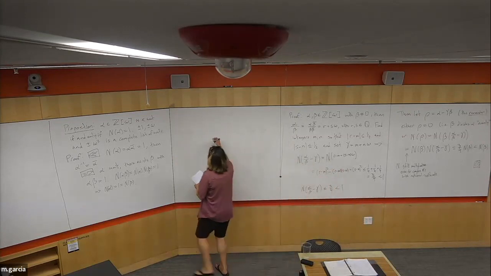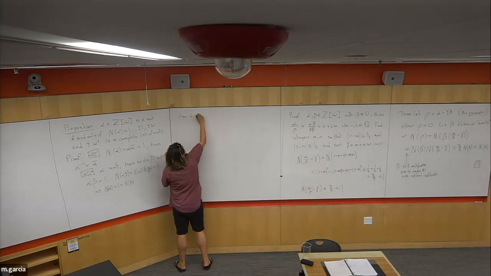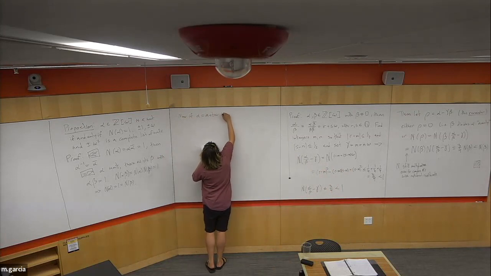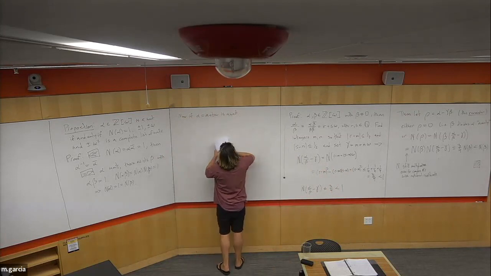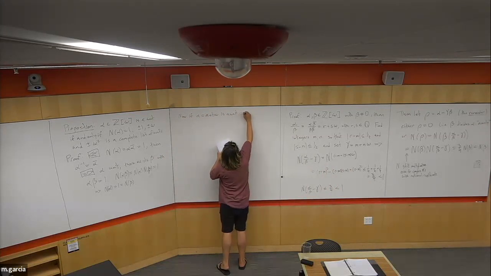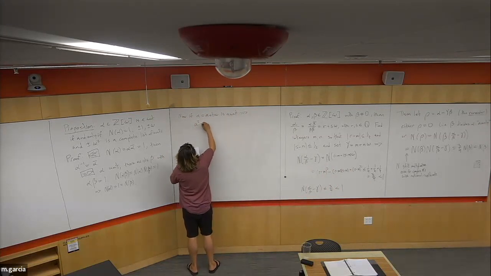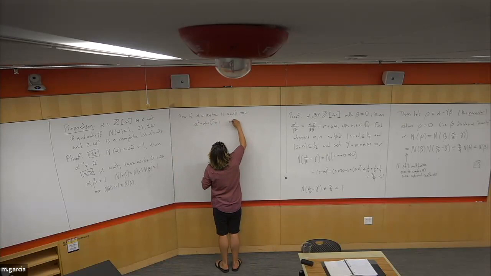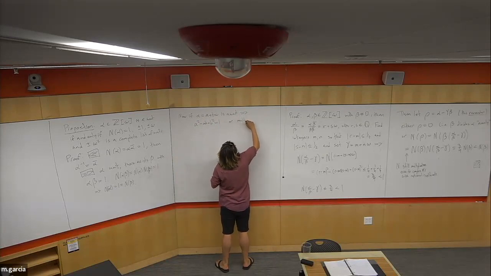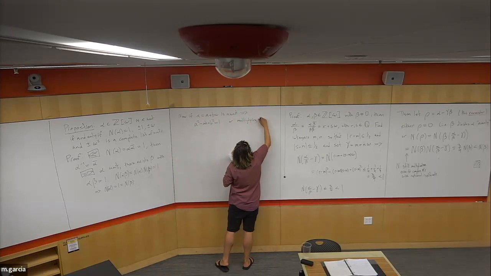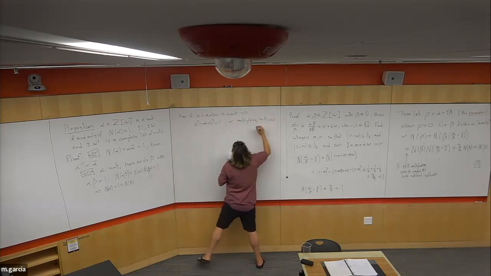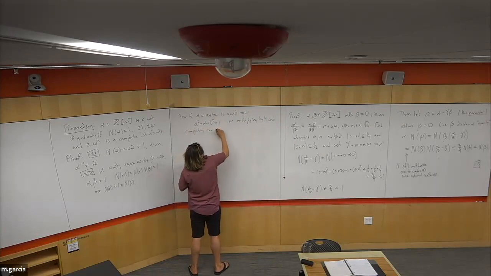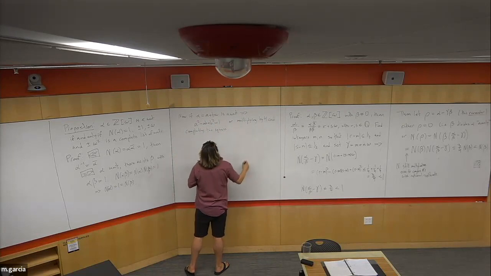Now, if alpha equal to a plus b omega is a unit, we have the following: a squared minus ab plus b squared is equal to 1. Multiplying by 4 and completing the square, what do we get here?